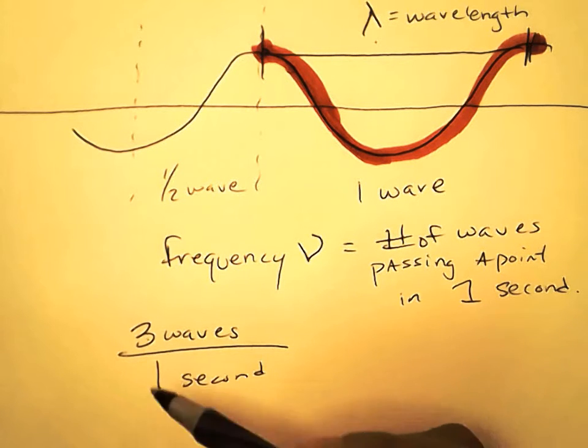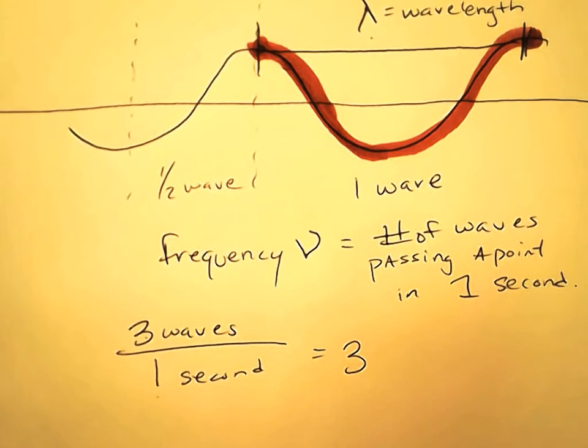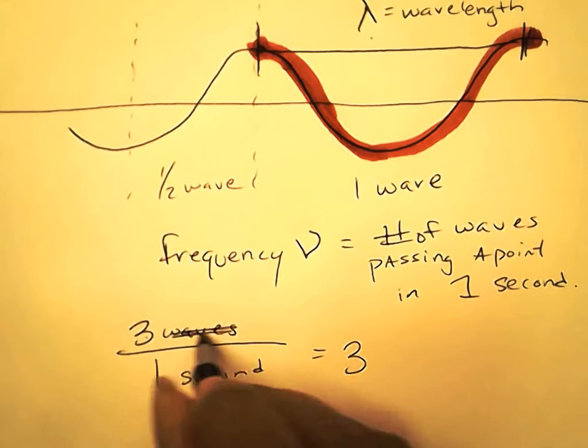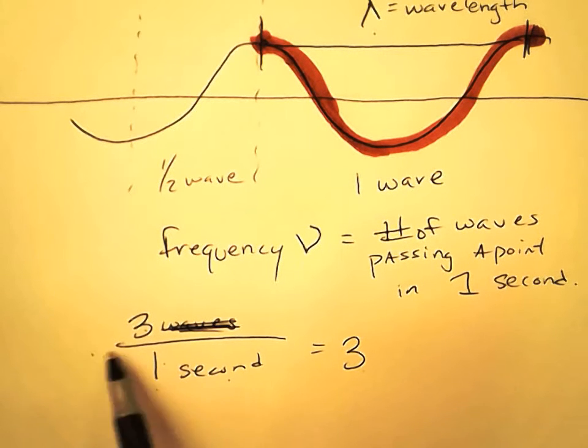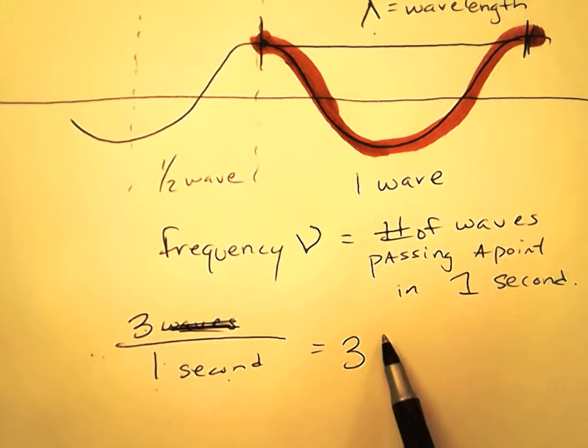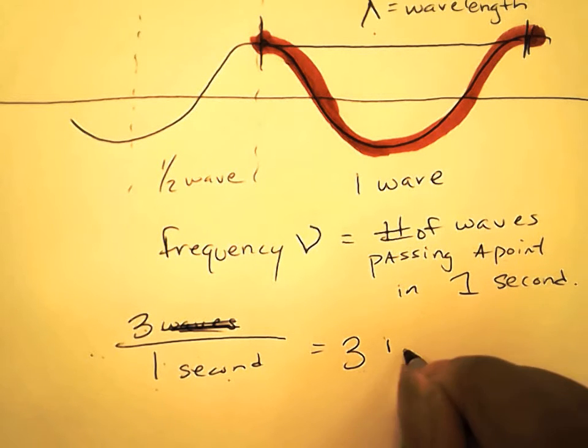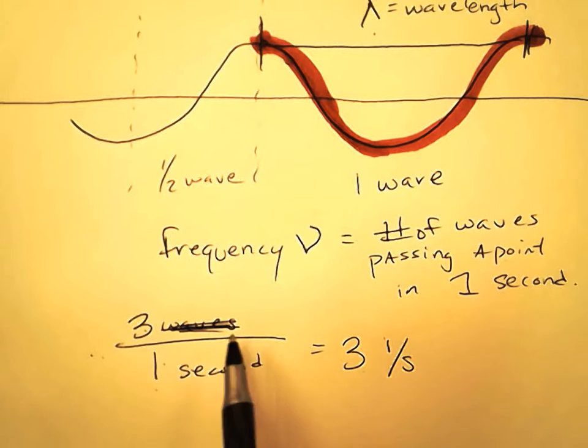Okay, 3 divided by 1 is 3. And waves is not a unit, that's just how many things we counted. But seconds is a unit. Since seconds is on the bottom, that means the frequency, the number of waves I counted, was 3 waves every second. So we write that unit as 1/seconds, because that's what I have here, is seconds on the bottom.